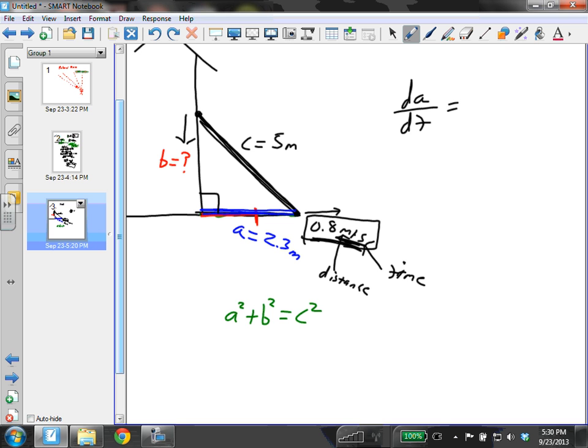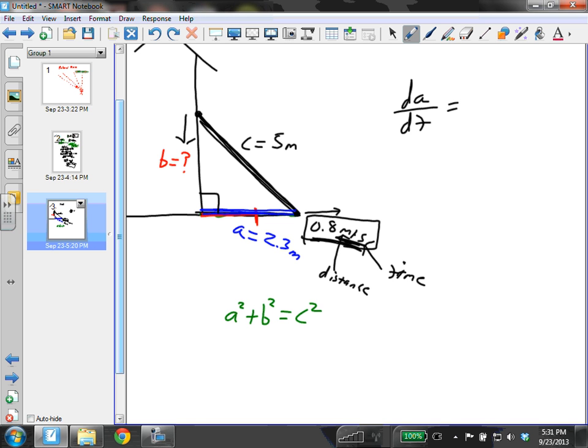That is a clue for you that there is a change in distance or angle or something else with respect to time. So those kinds of combinations are clues to you that what you have is a rate.